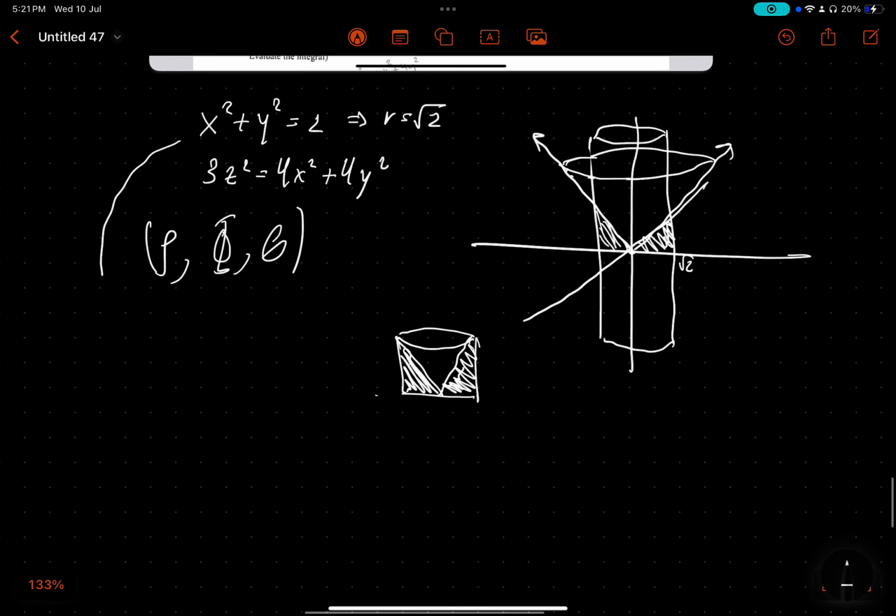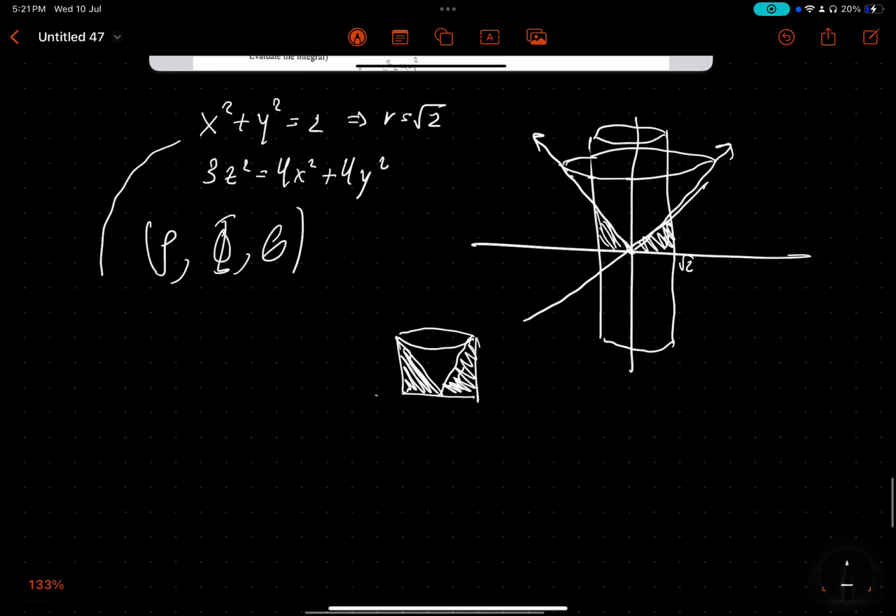For x and y, x is rho sine phi cosine theta, and y is rho sine phi sine theta. And also we know that rho is the square root of x squared plus y squared plus z squared.